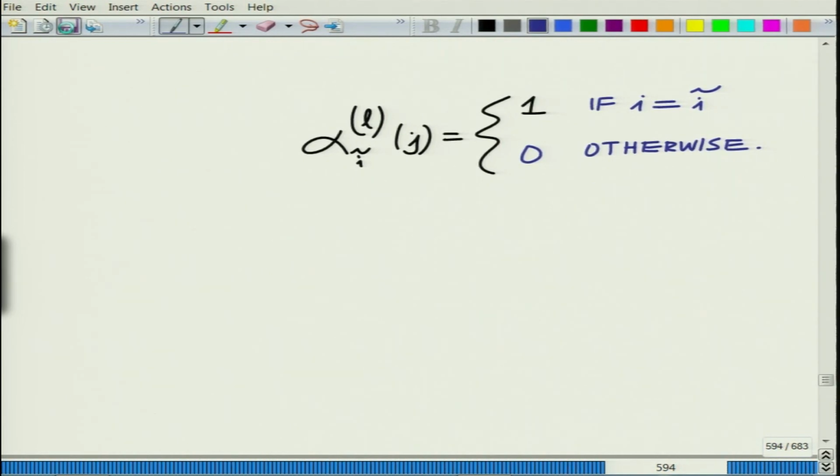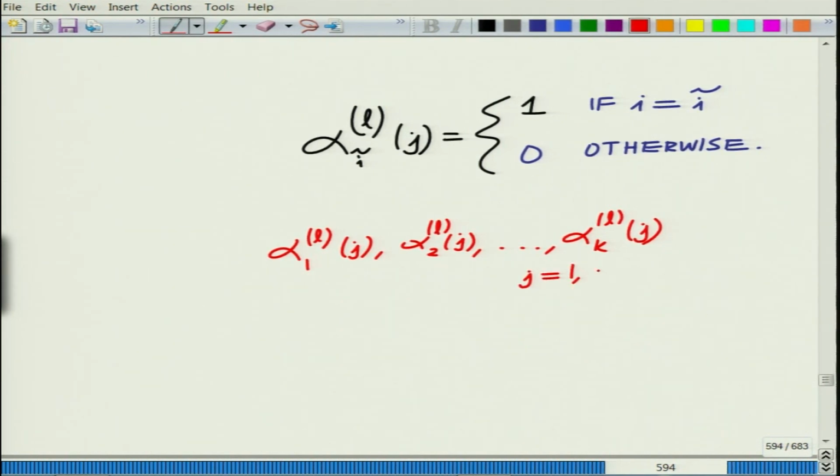So, you are assigning each, and at the end of it, therefore, now we have obtained alpha 1 j of L, alpha 2 j of L and alpha k j of L, right, for j equal to 1 to, remember we have a total of m points.